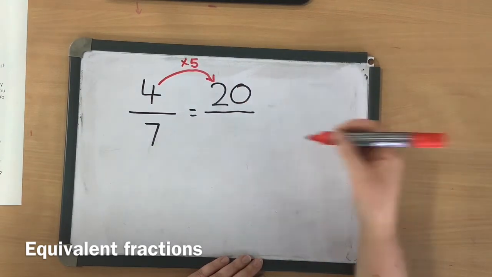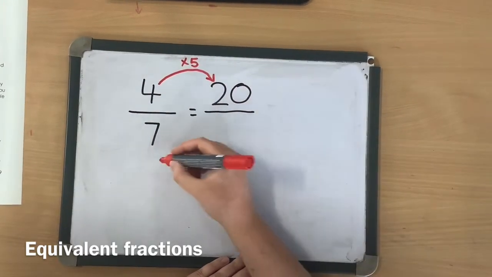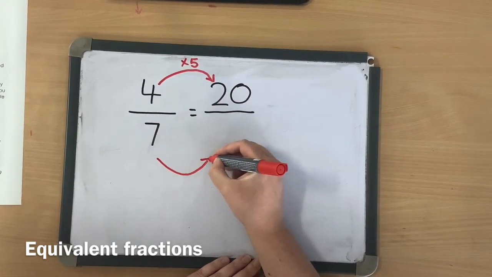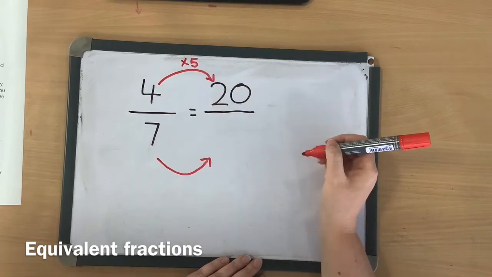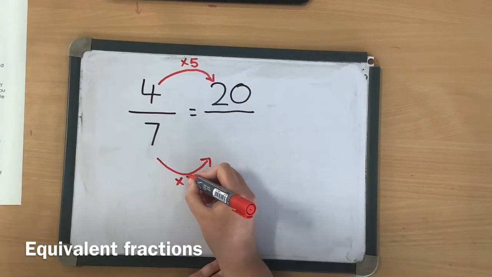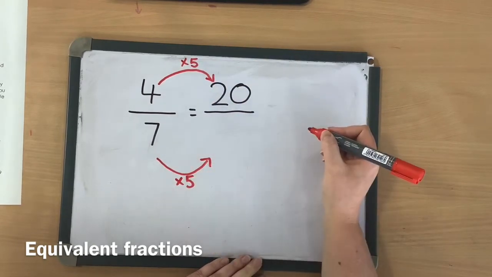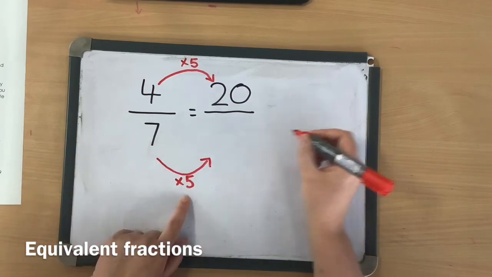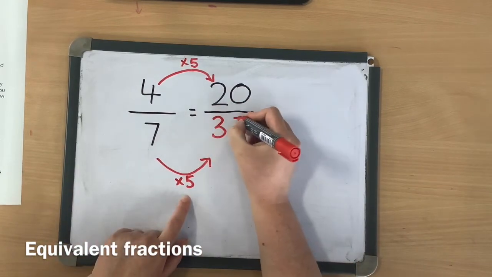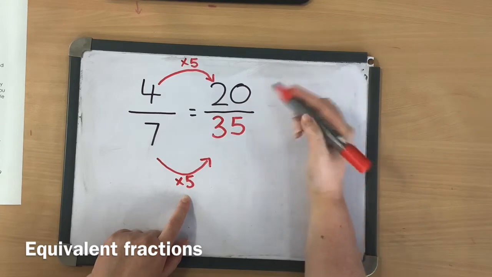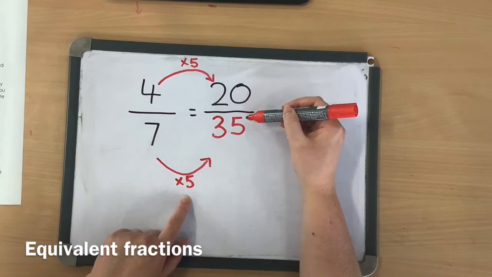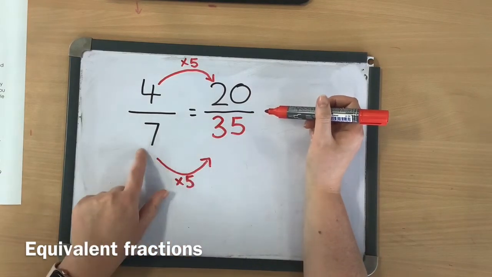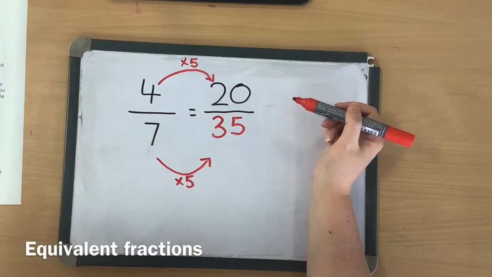And with fractions, if I do something to the top, I have to do it to the bottom. So because I've multiplied by 5 here, I'm going to need to multiply by 5 for the denominator. So 7 times 5 is 35. So 20/35 is equivalent to 4/7.